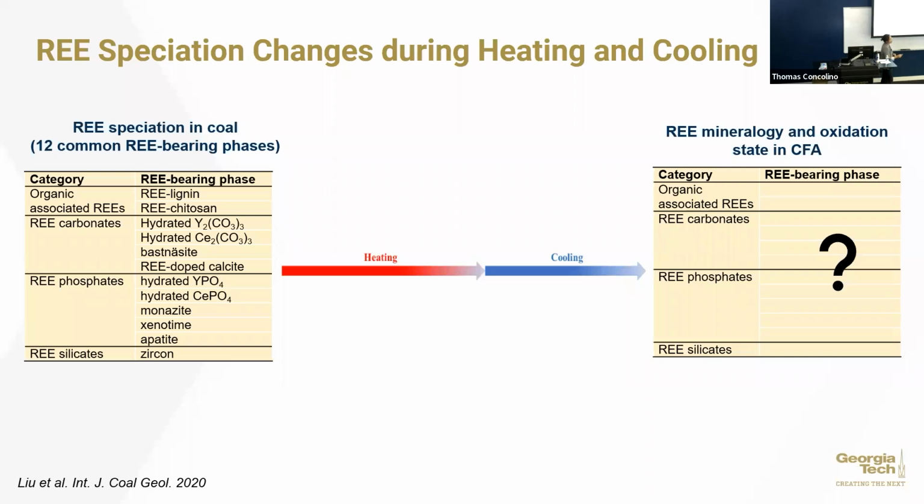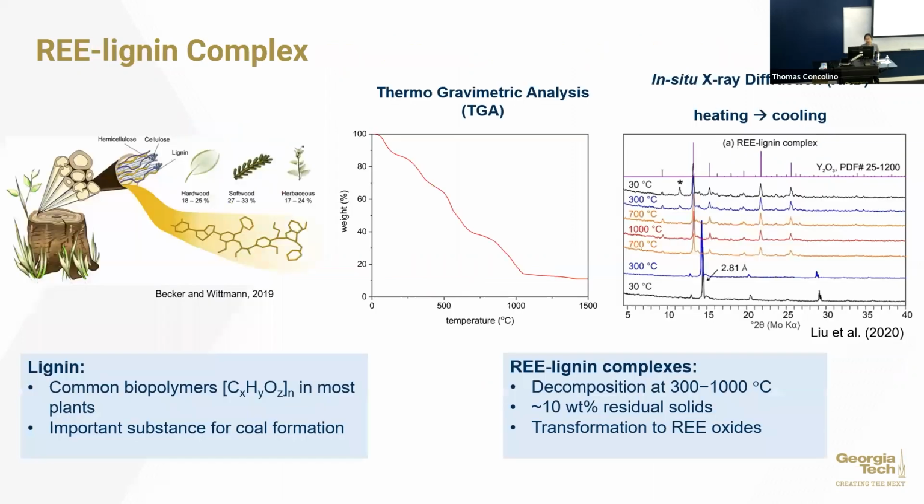And we want to understand what happens to their mineralogy and oxidation state, which would approximately tell us what might happen in coal fly ash or the coal burning process. I'm not going to go into details about how we look at all those 12 compounds, but I'm just going to show you two examples.